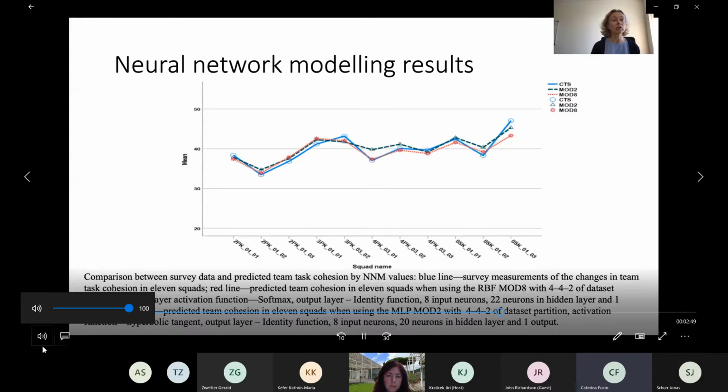It was designed with a dataset partition of 40% training, 40% testing, and 20% holdout. The softmax function was used for hidden layer activation and for the output layer. In total, we used 8 input neurons, 22 neurons in the hidden layers, and 1 output.